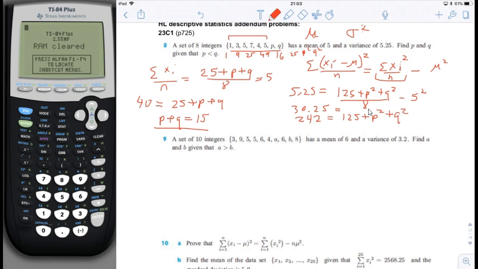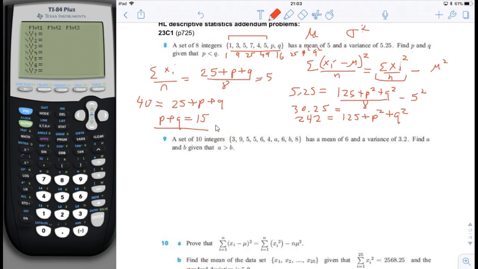Now, let's see. The best way to solve these two equations is to put them in the calculator into y equals.